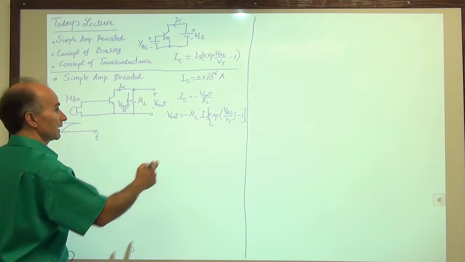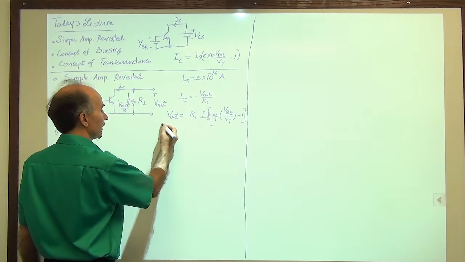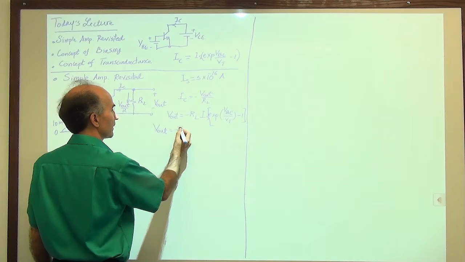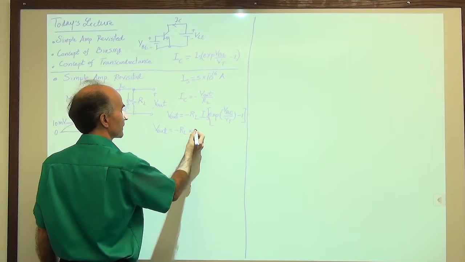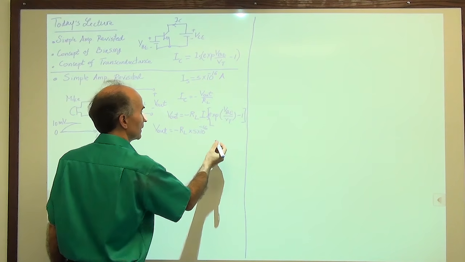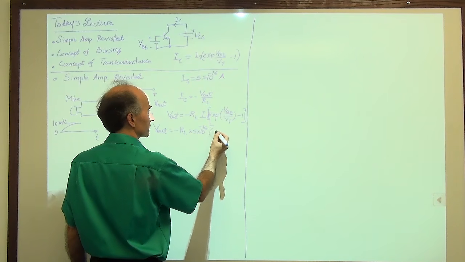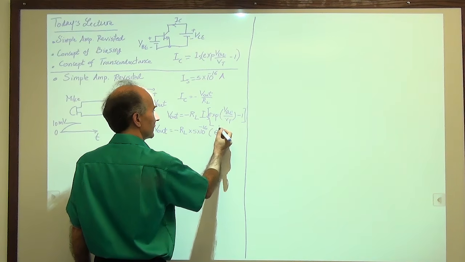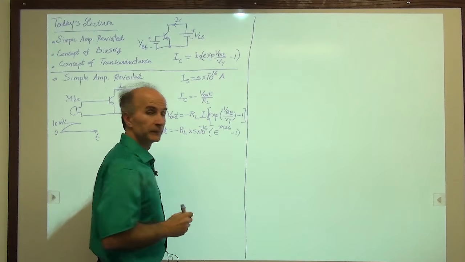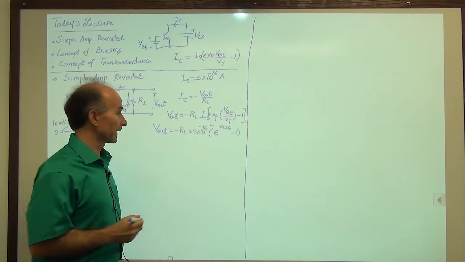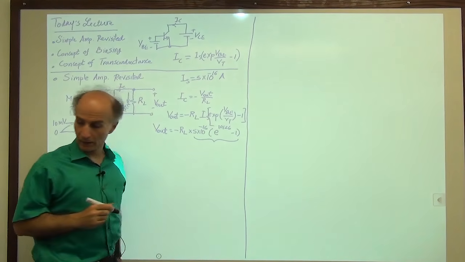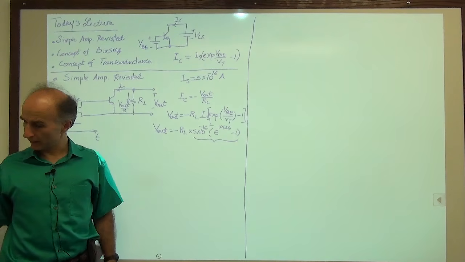All right, so if VBE is 10 millivolts, I can write this as V out equals minus RL times 5 times 10 to the minus 16 amperes times e to the 10 millivolts over 26 millivolts minus 1. Right? Now if you calculate this entire collector current, what you find is how much?